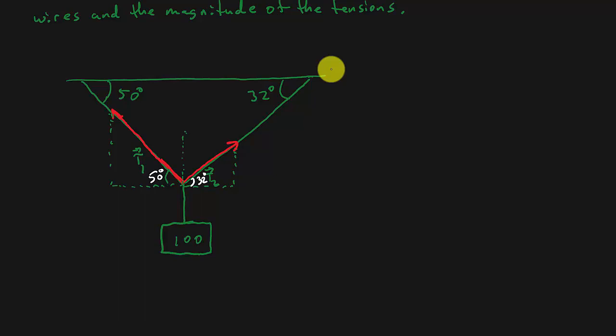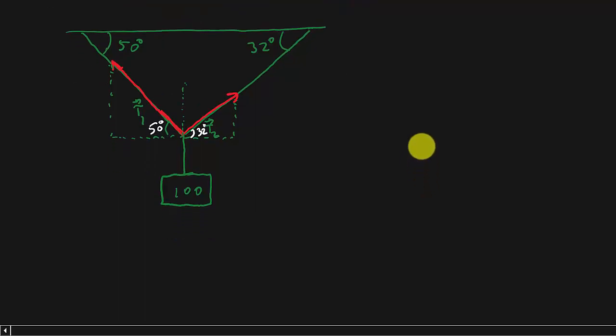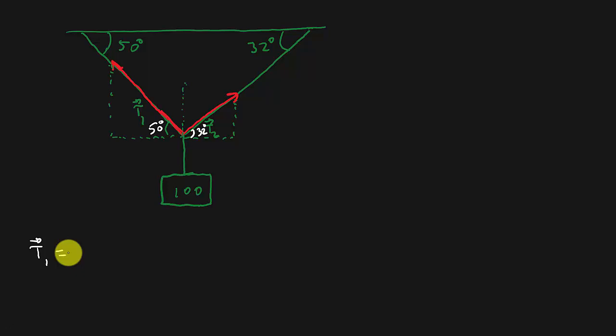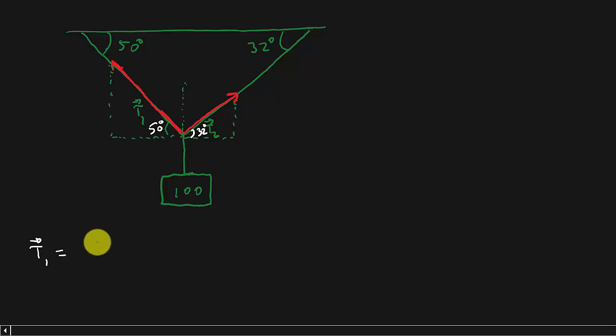All right, so let's get the horizontal and vertical components of T1 first. So I've got T1 is equal to what? It's going to be the magnitude of T1 times the cosine.